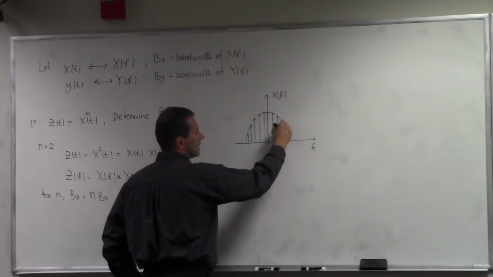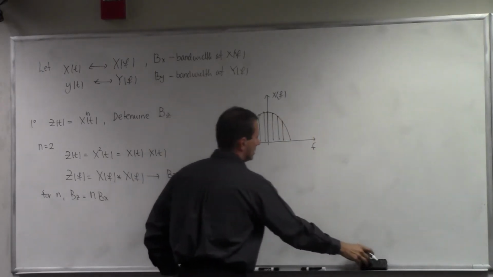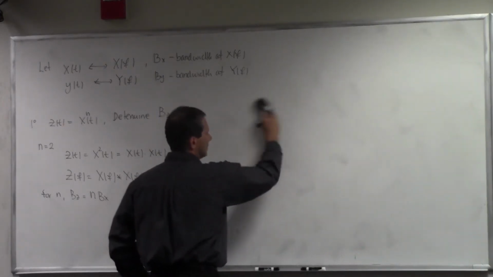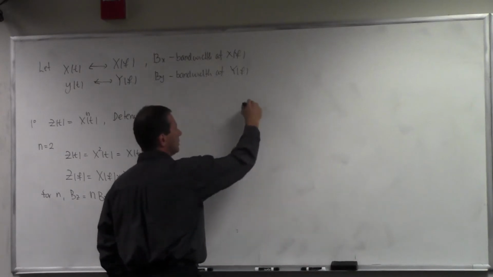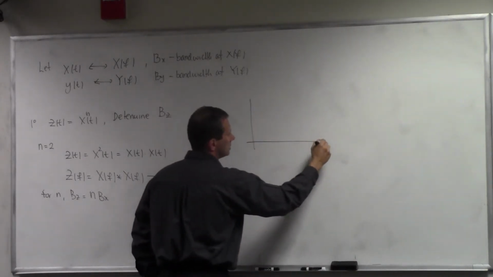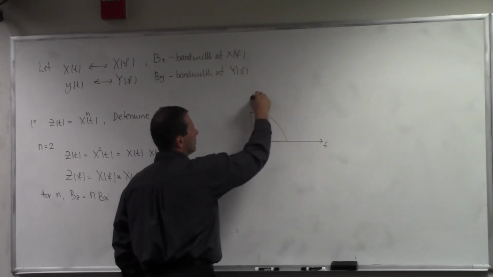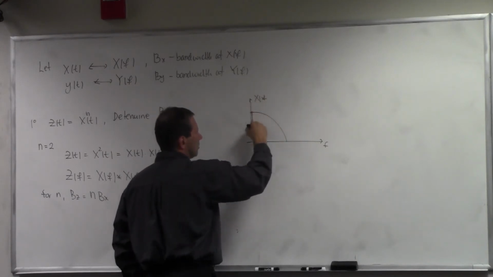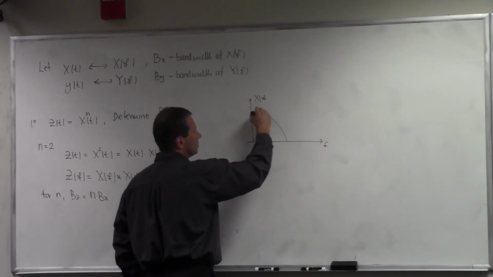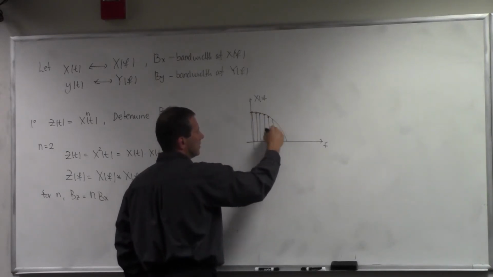Let me look at this as a one-sided spectrum so that it's more physically clear what is happening. So this is f, and this is now the spectrum of X of f, but these are all positive, just the magnitude of the sinusoids that participate in building this X of f.